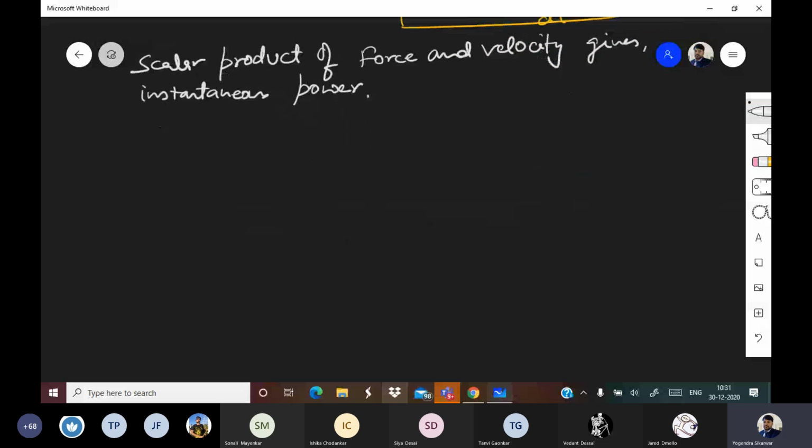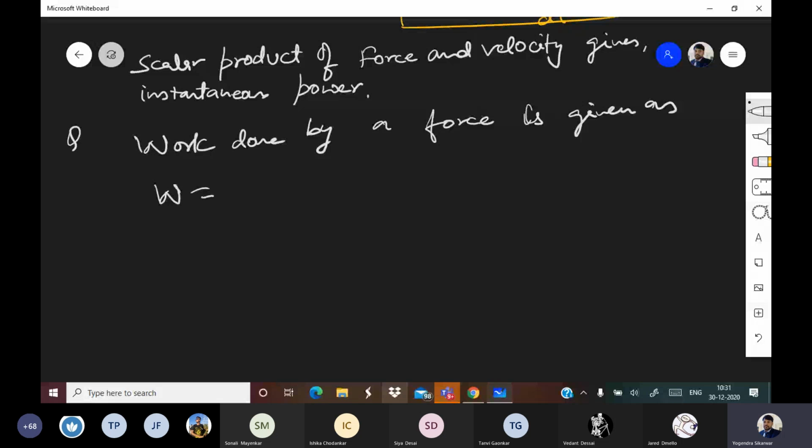Question. Work done by a force is given as W is equal to t square plus 4t plus 1 joule, where t is time in seconds.